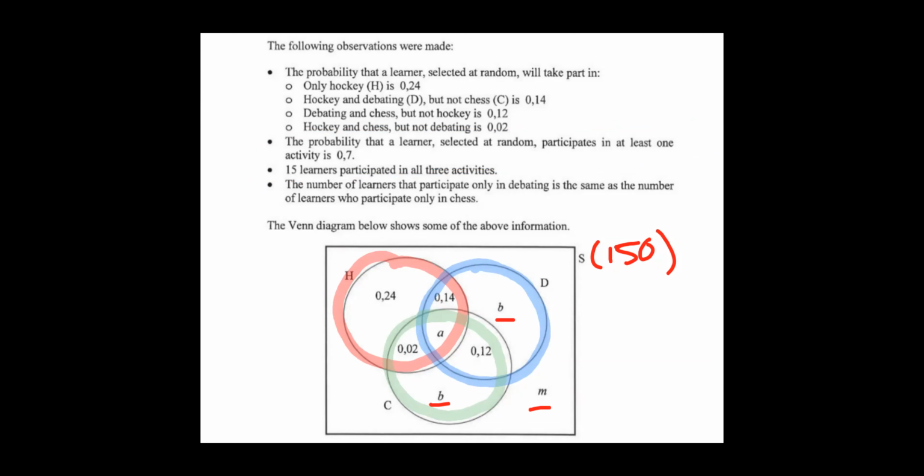Oh, but you're forgetting about these people in the middle here. We need to include them as well. If you're going to minus the 0.24, you have to minus the 0.02, the 0.14, and the 0.12. Oh, and what about A also?